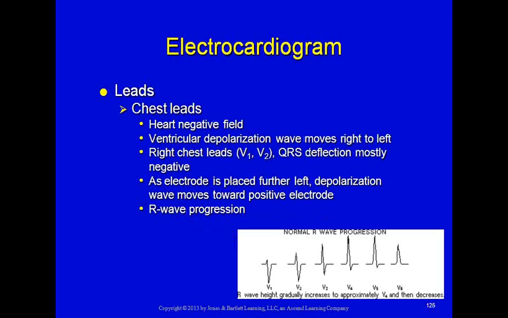with these electrodes placed on the chest, going from right to left, what you'll see is a progression of the R wave that begins below the isoelectric line, and as you continue around the heart, the R wave progresses to where it's almost all above the isoelectric line, and that's known as R wave progression, and that's something that we look for when we're looking at a 12-lead ECG and we're looking at leads V1, V2, V3, V4, V5, V6.